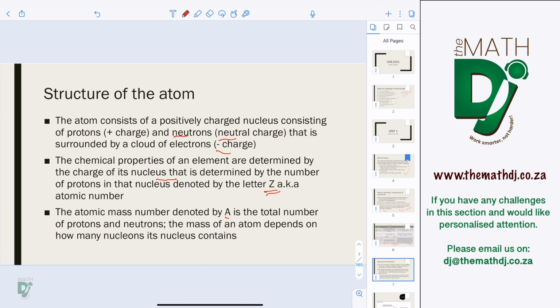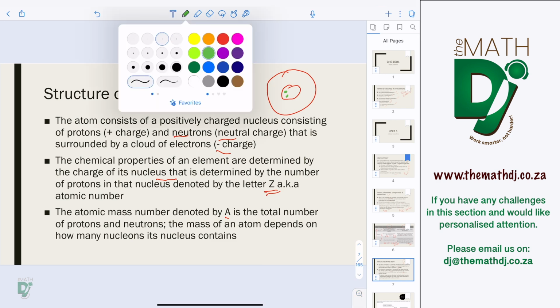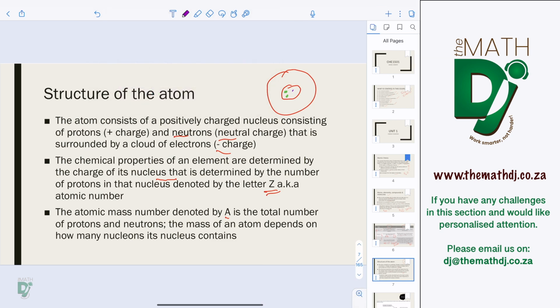So let's say I've got an atom. This will be the nucleus. In the nucleus, let's say these are protons, and let's give another color, and let's say these are neutrons. So basically, the nucleus, which is the center, is composed of protons and neutrons.